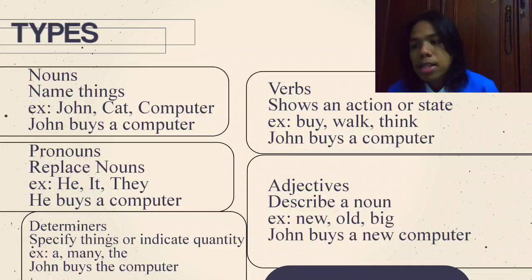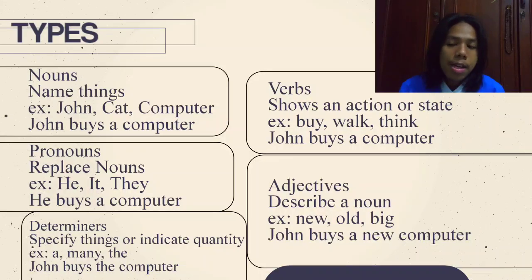Next, determiners. Determiners' function is to specify things or indicate quantity. Example: a, many, and the. Then in the sentence, John buys the computer. The is a determiner because it specifies which computer that John buys.